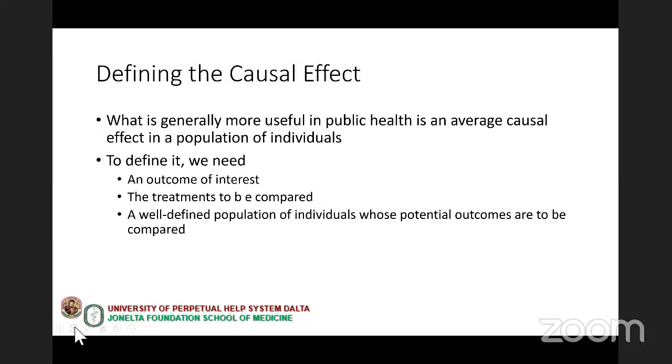To define it, we need an outcome of interest, the treatments to be compared, and a well-defined population of individuals whose potential outcomes are to be compared. So you need the outcome, you need the intervention, and your population. And that goes in your research.